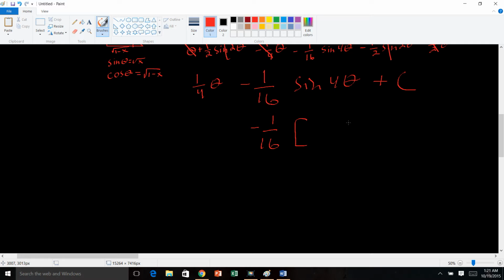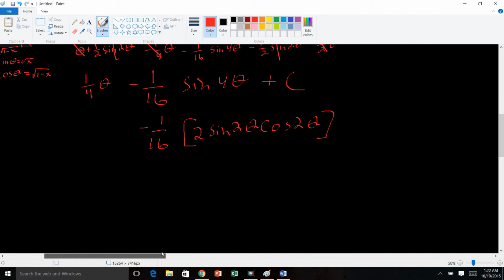What is a trig identity we can use? Sine 2 theta equals 2 sine theta cosine theta. So we can get 2 sine 2 theta cosine 2 theta. That's why you don't send me workshop problems, right?